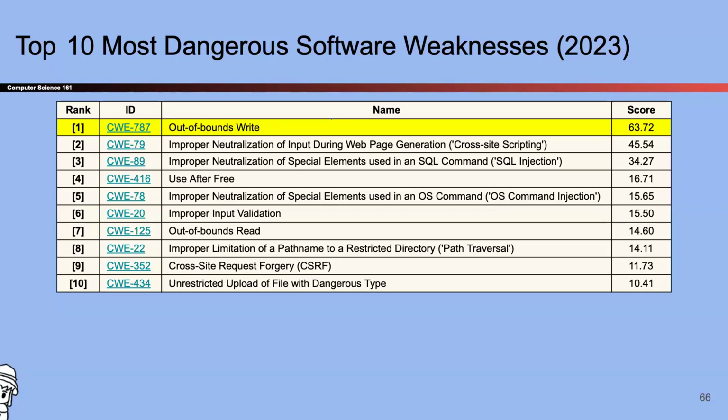In 2023, it's number one on the list of most common, most dangerous classes of security vulnerabilities. Super prevalent, super common. Fortunately, it's becoming less common after 30 years of getting hacked by these kinds of vulnerabilities. We've started to put in place some defenses and learn how to not make these mistakes, but it's still a problem today.